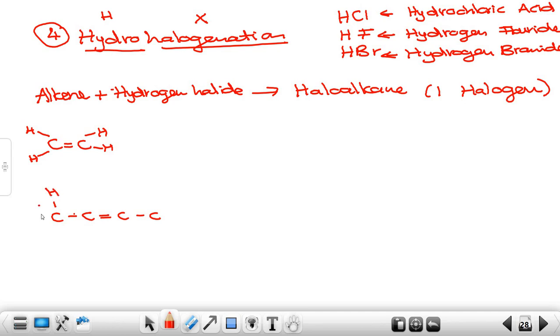Right, so this one will have 3 carbons. 1, 2, 3, so one more. 1, 2, 3, 4. Every carbon must have 4 lines around it. So here let us add different kinds.